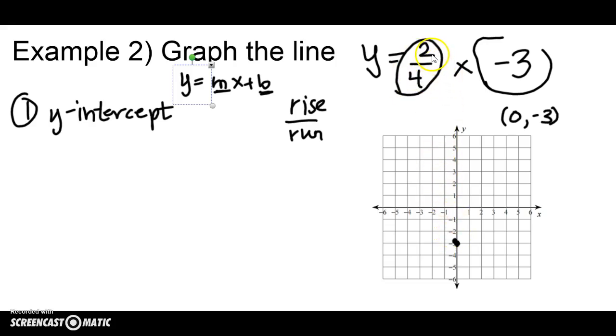We know that our numerator is our rise, so if we go from the point 0, negative 3 up 2, and we know that our denominator is our run, and we go over 4, 1, 2, 3, 4, we can plot the next point on our graph. We can now connect these dots, and we have graphed the line y equals 2/4 x minus 3.